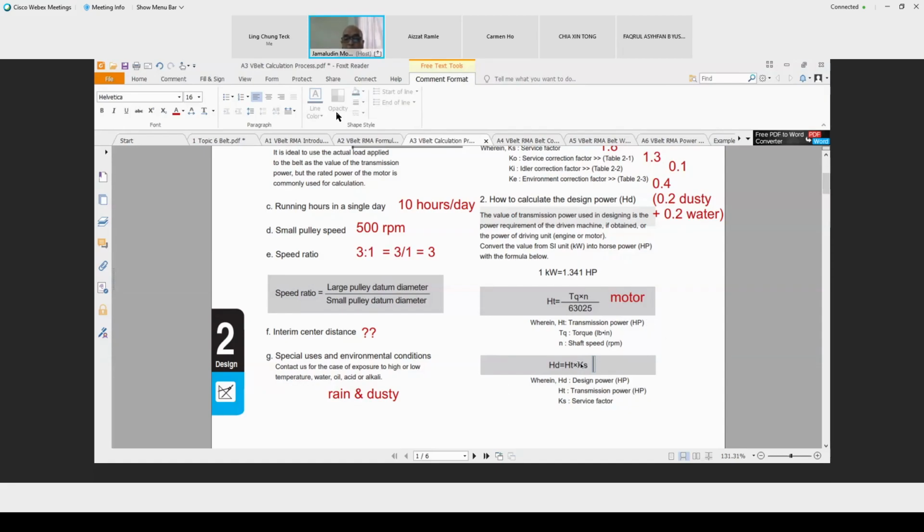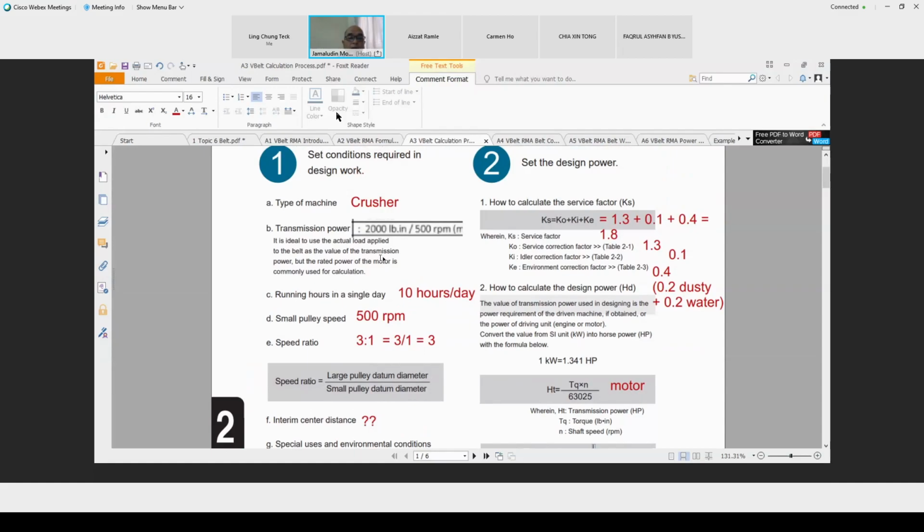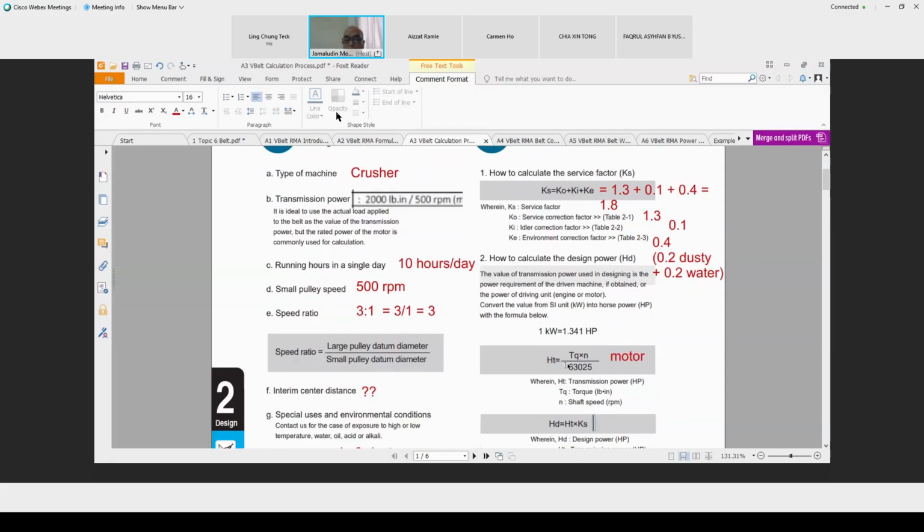Okay, can you calculate this one first? Number 2, roughly based on the information you have mentioned here, 200 pound each. If you have it in kilowatts, you can use the factor here. All right, the RPM is going to be 500. All the information will be here. That will be the HT in horsepower.